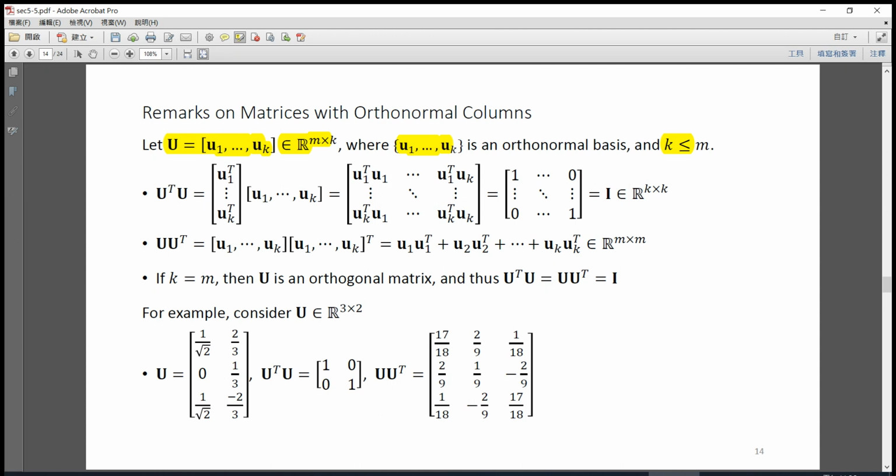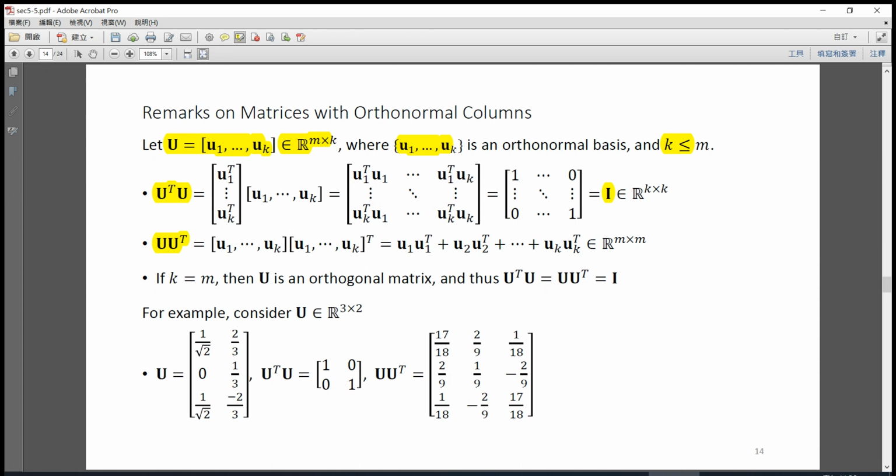From Theorem 5.5.5, we know that U transpose U equals the identity matrix. However, U U transpose in general is not equal to the identity matrix if k is less than m.